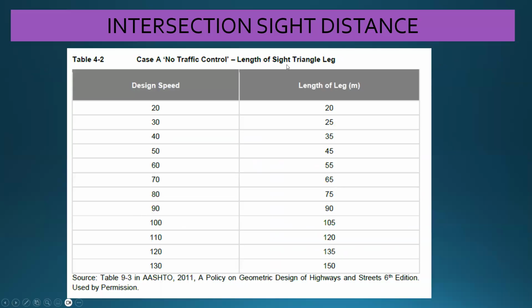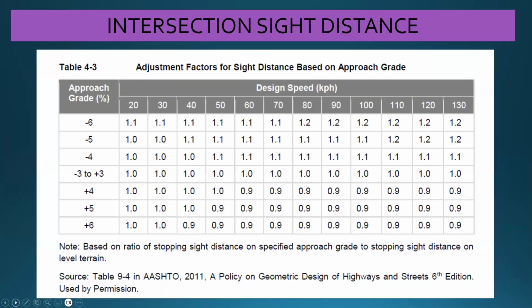So case A, actually, from the AASHTO, it already has a tabulated length of sight triangle leg depending on the design speed. Okay? So there are also adjustment factors depending on whether said intersection has a grade.